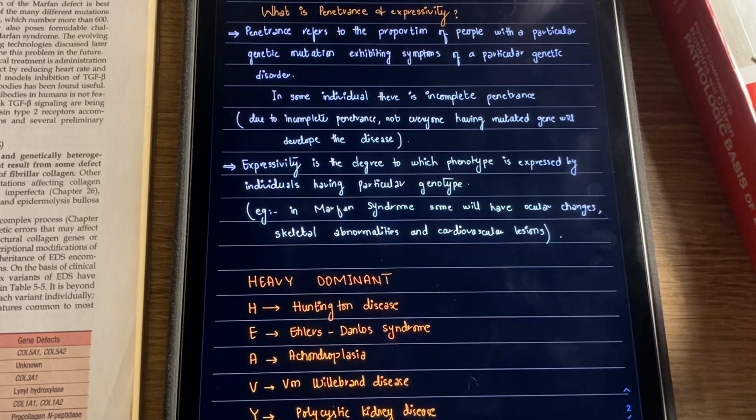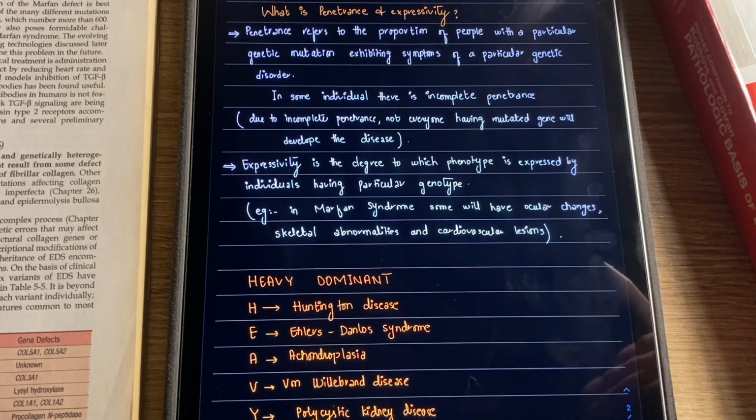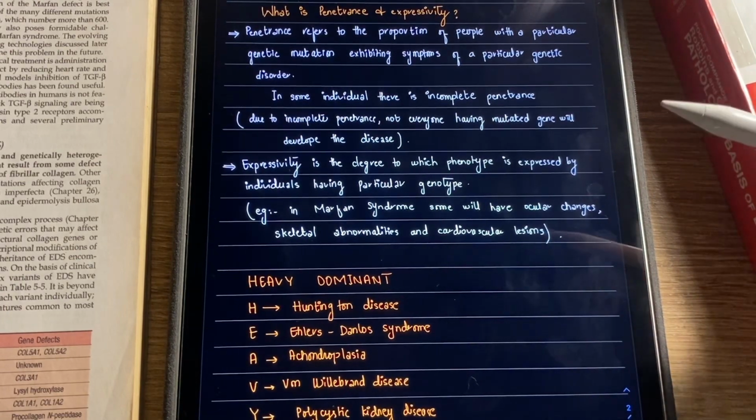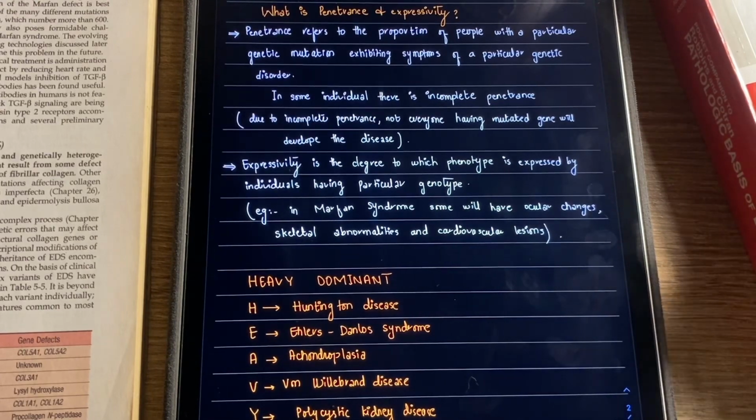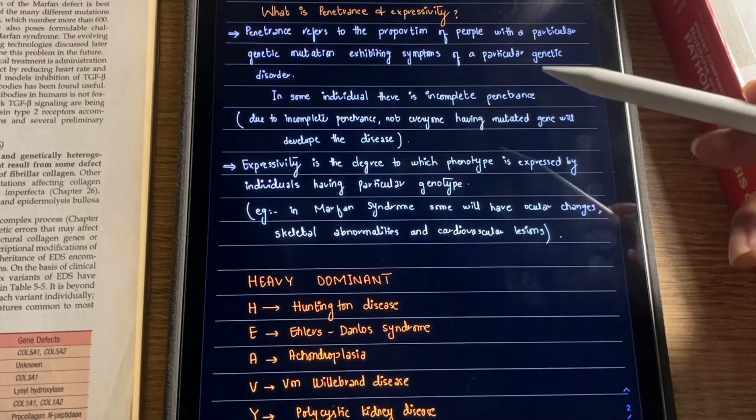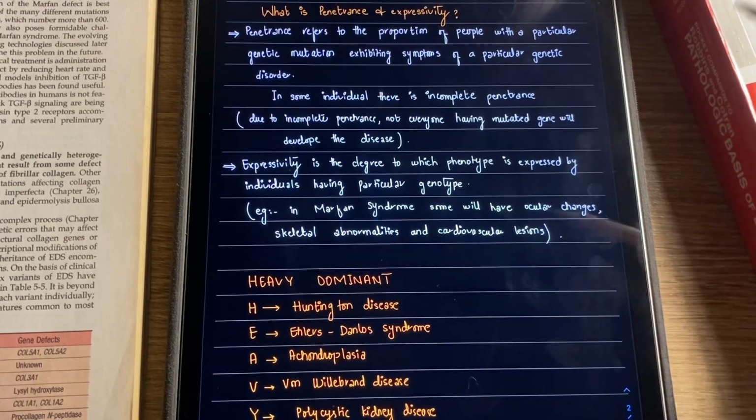In some patients there can be cardiovascular lesion, and for example they may have a valve prolapse but not ocular changes or skeletal abnormalities. But in some patients there might be only skeletal abnormalities and ocular changes but no cardiovascular lesions. So that is what we call expressivity in autosomal dominant.